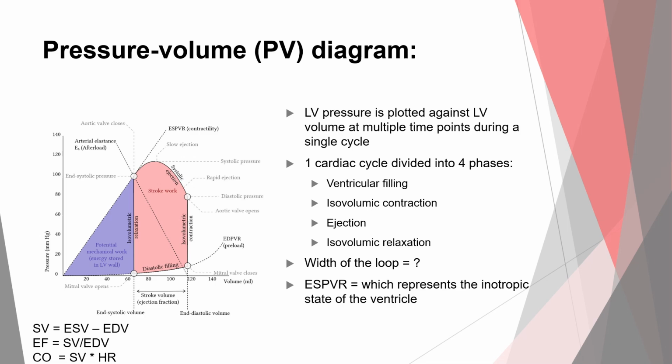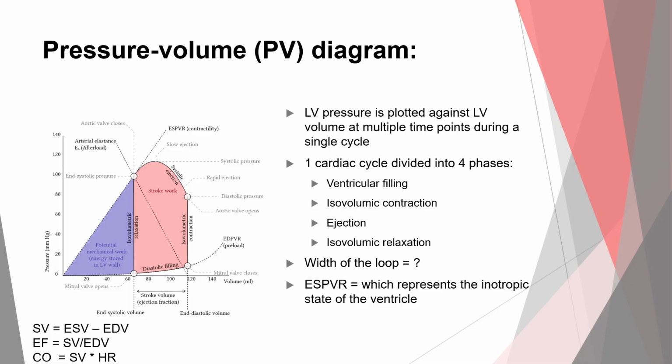So left ventricular pressure is plotted against LV volume at multiple time points during a single cycle. One cardiac cycle is divided into the 4 phases: ventricular filling, isovolumetric contraction, an ejection phase, and then an isovolumetric relaxation.